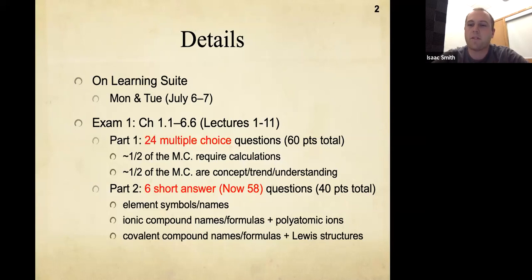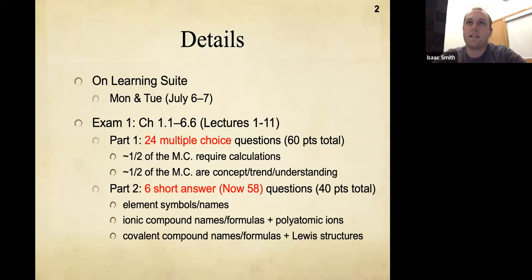So going between names and formulas for ionic compounds, polyatomic ions, and then also for covalent compounds, you'll need to go between names and formulas as well. And then the final concept will be Lewis structures. Obviously you won't be able to draw the Lewis structure in Learning Suite.